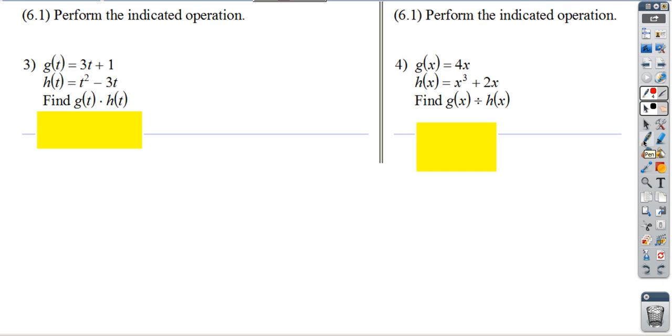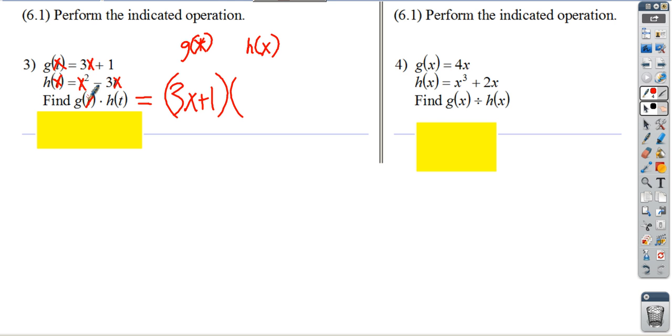How do you multiply? This would be g of t. Actually, I'm going to use x instead of t, because t's tend to look like plus signs. It really doesn't matter what variable you use. So there's g of x, and this will be h of x. Just change these so it doesn't confuse people. Those are going to be x's there. So h of x is the function x squared minus 3x, and then we just FOIL this out.